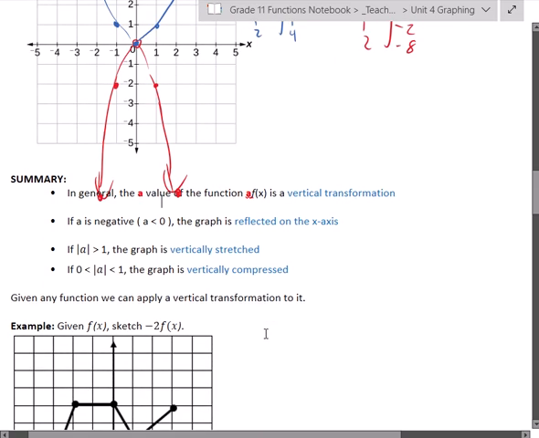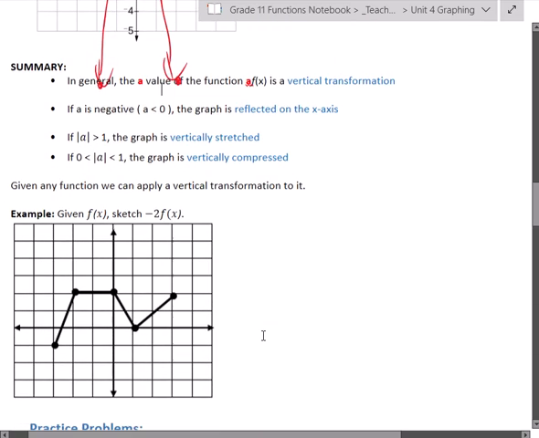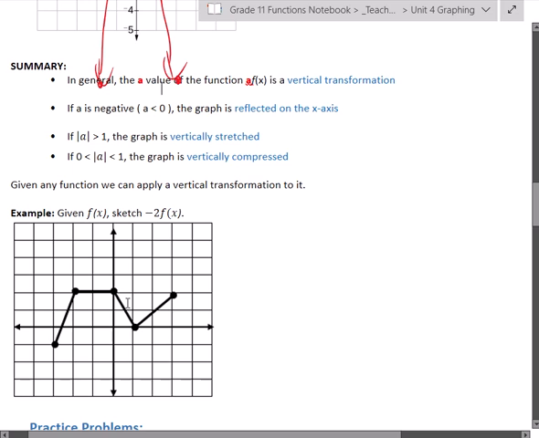So given any function, we can apply a vertical transformation to it. So in here, we don't exactly have a function based on an equation, but we just have this function right here. So given f of x, we want to sketch -2 times f of x.